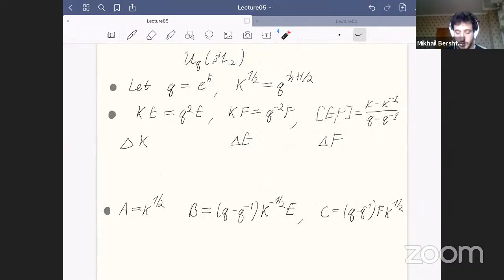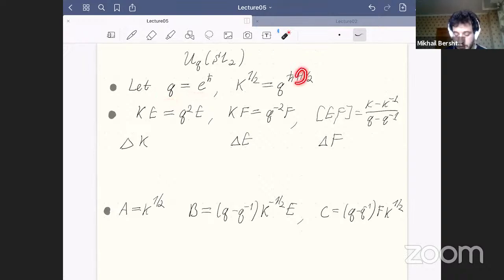Okay, so when people talk about quantum groups, quite usually they use the letter Q, which is the exponent of H bar, and consider everything defined over the rational functions of Q, probably with some roots and something like this. So Q is the exponent of H bar.